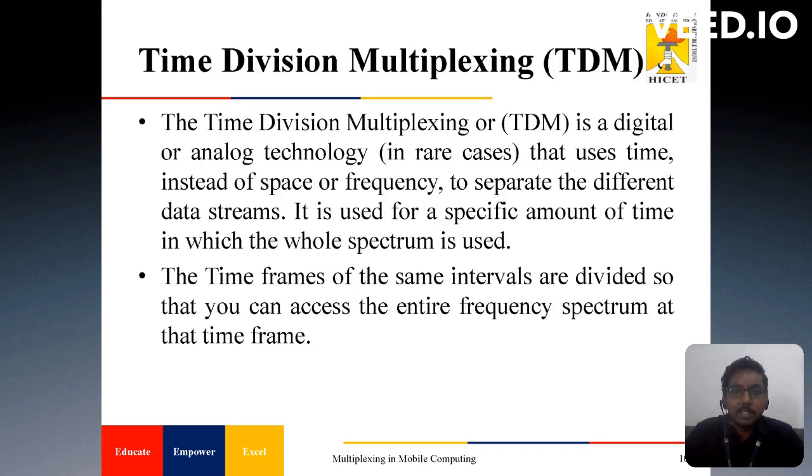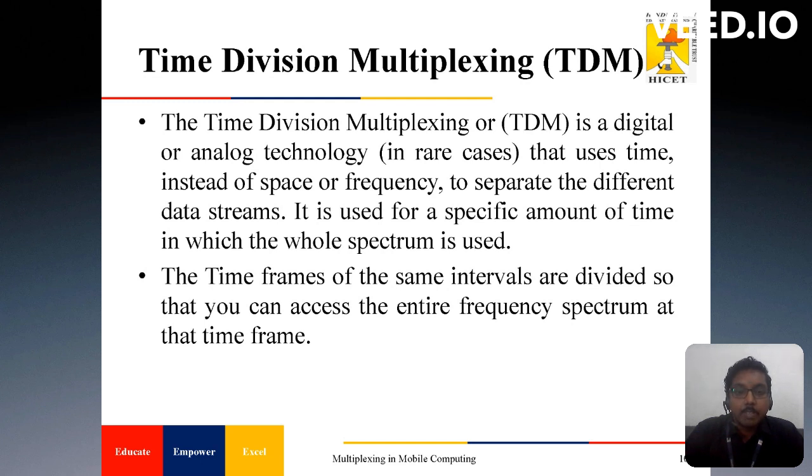The second one is time division multiplexing. It is similar to frequency division multiplexing, but instead of frequency, the spectrum is divided into time. Each time frame has different time intervals, accessed through the frequency spectrum over time. We can take the same example.